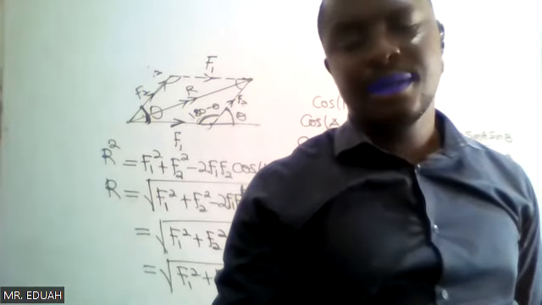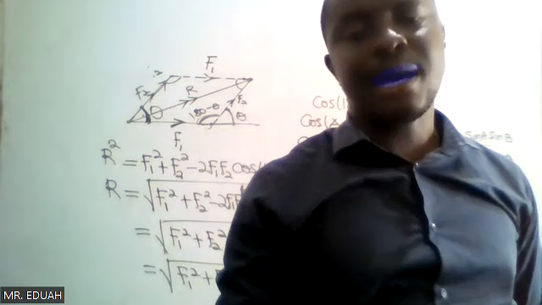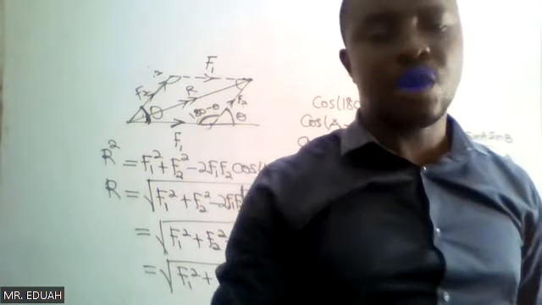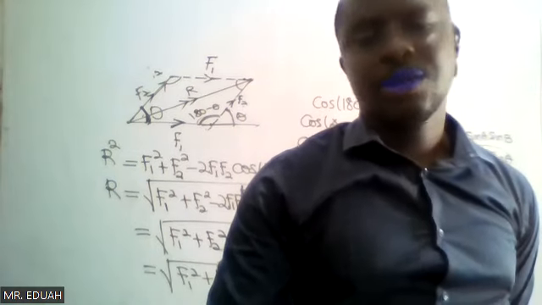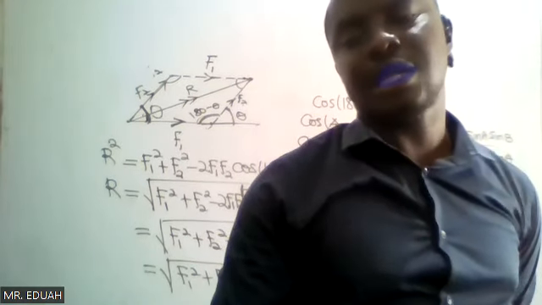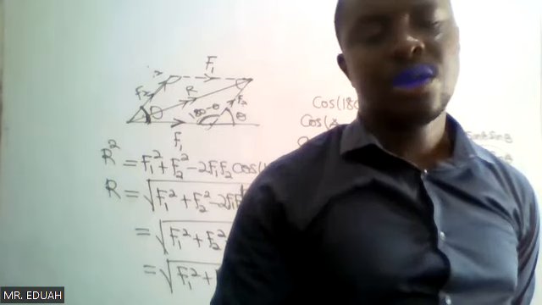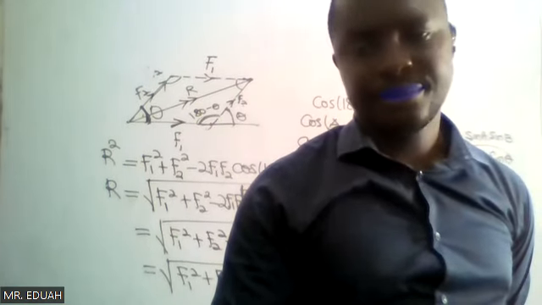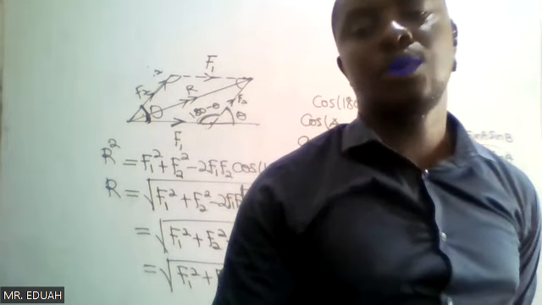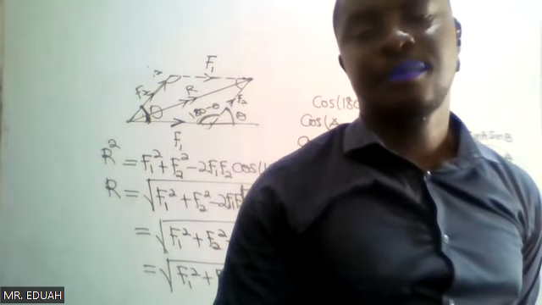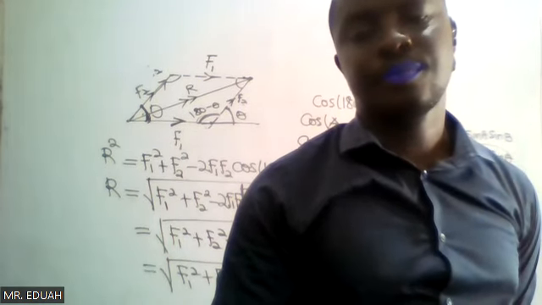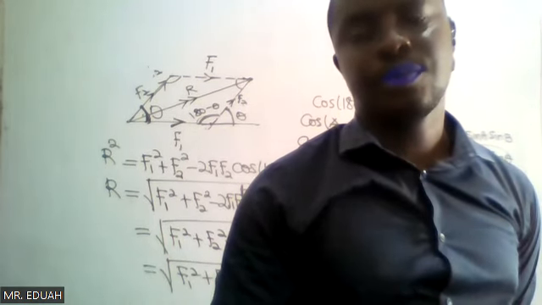Find the magnitude and the direction of the resultant force. So you are looking for the magnitude and direction of the resultant. Please, what's the value of the angle? 60 degrees, 60. Yes. Okay.